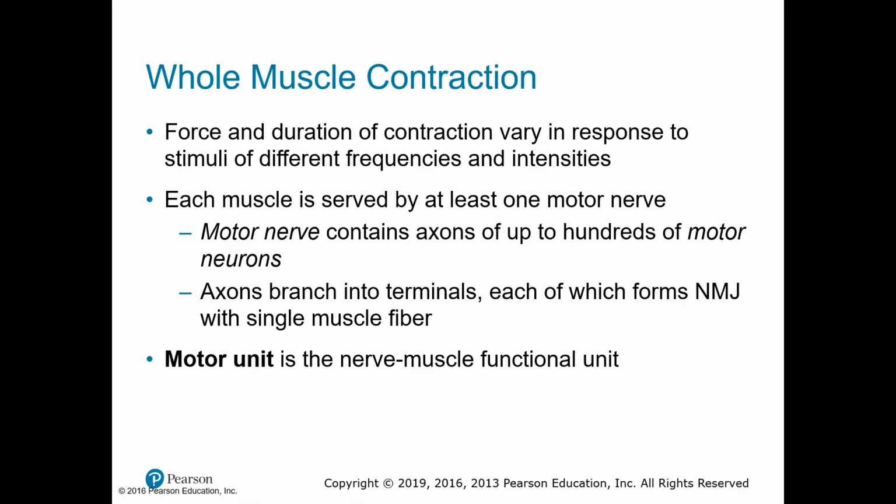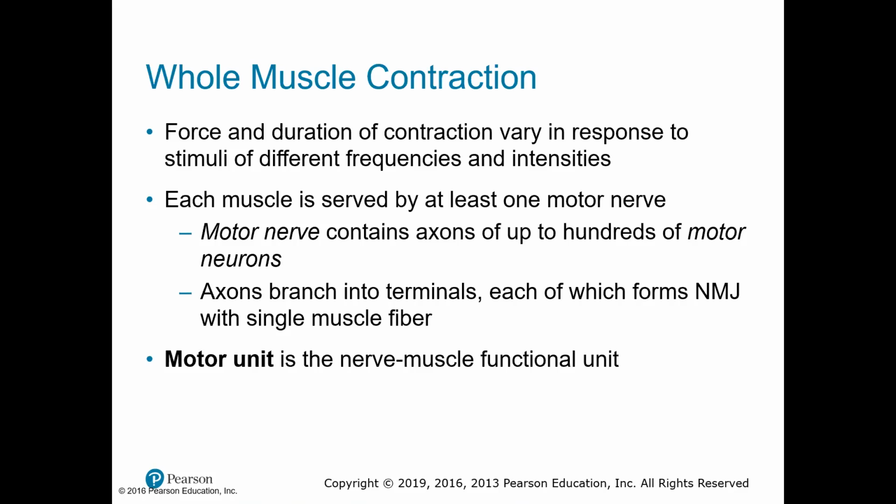That means every cell in that motor unit will get the same signal to contract, because that's all muscle cells can do. They can contract. They don't contract weak. They don't contract strong. They contract. There is no such thing as a weak muscle cell contraction, or a strong muscle cell contraction.